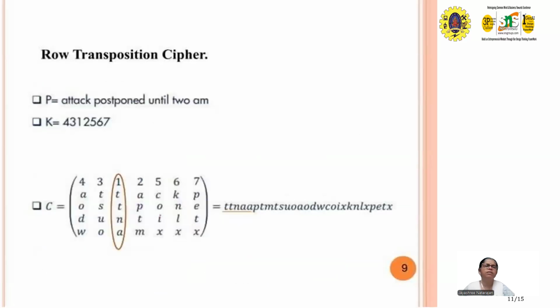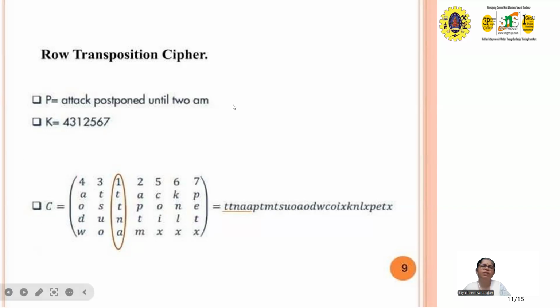The next one is the row transposition technique. Here we have to write the plain text in a matrix row wise: row 1, row 2, row 3. In the remaining cells, we can fill with X, X, X, X. These are all filler characters. So what is my plain text?